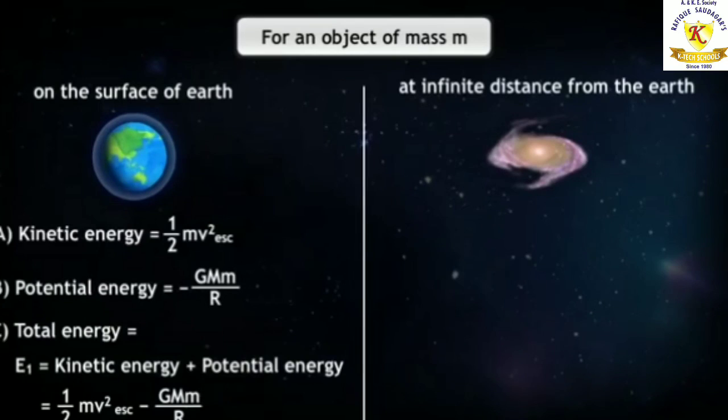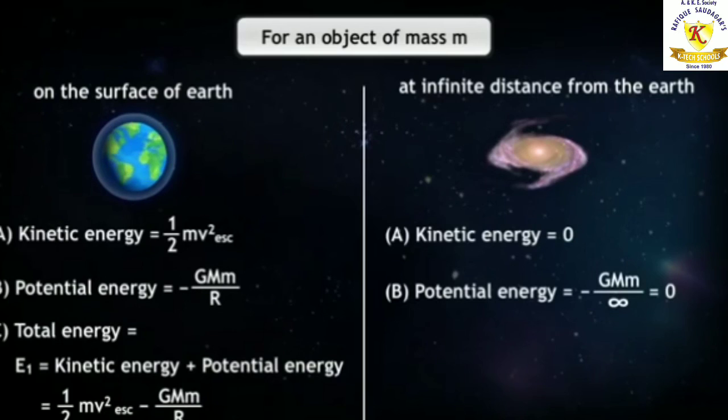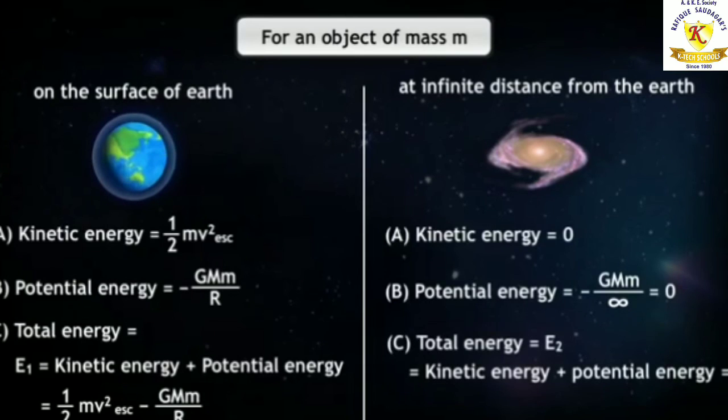At infinite distance from the earth, kinetic energy is equal to 0. Potential energy is minus GMm upon infinity, which is equal to 0. Total energy E2, kinetic energy plus potential energy, is equal to 0.